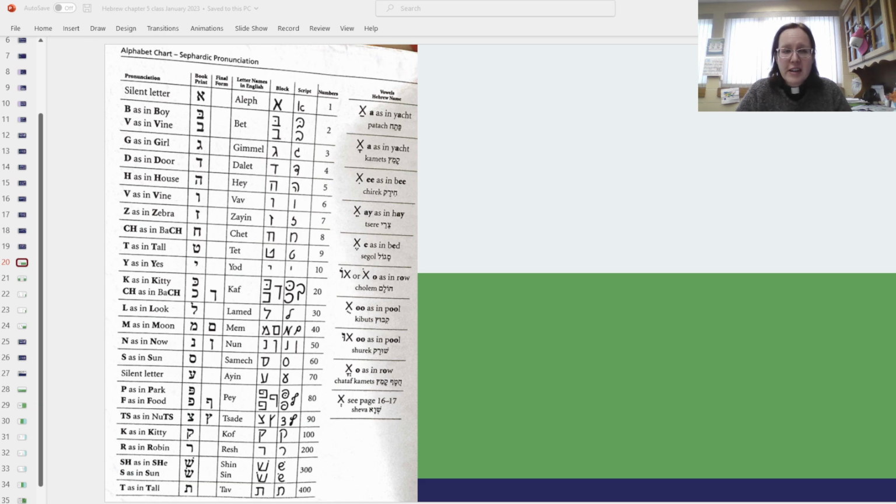So it is kaf or chaf. The other one is pay, pronounced pay with the dagesh in the letter, and it's fey when it doesn't have the dagesh. So it's pay or fey.